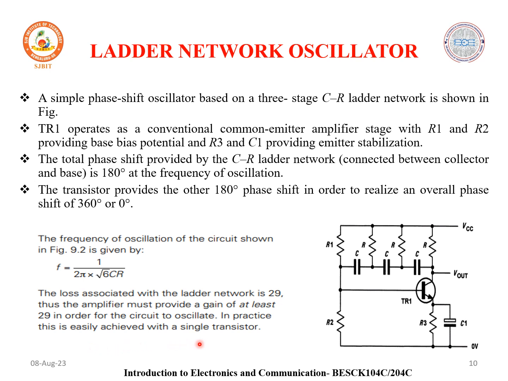At the collector terminal of the amplifier, a sinusoidal waveform can be obtained as output. The frequency of sustained oscillation in the figure depends on the R and C values. If you vary the R and C values, we can get different frequencies.